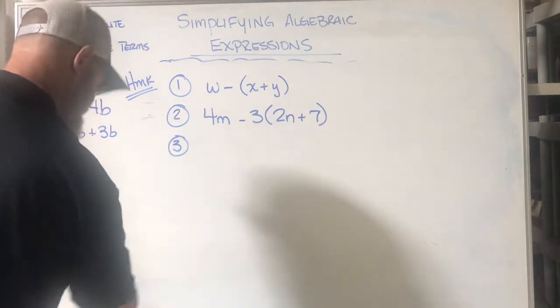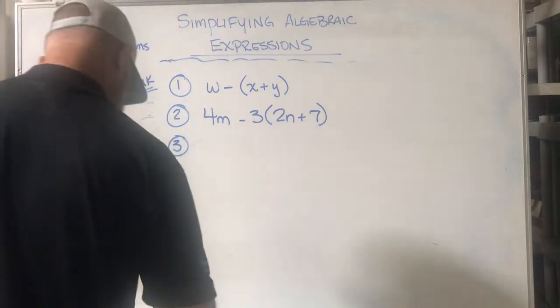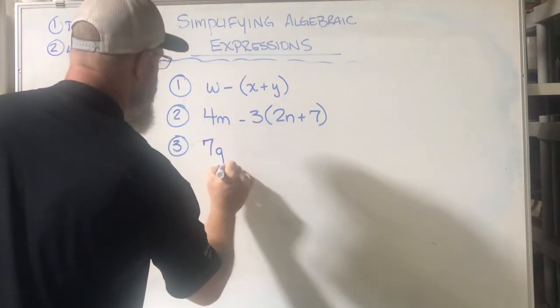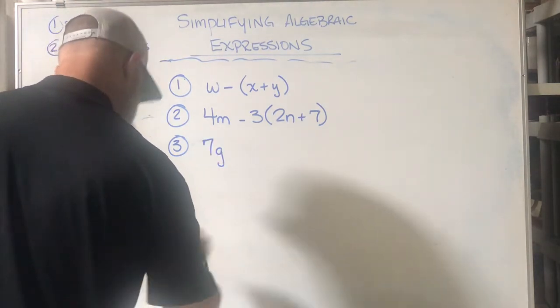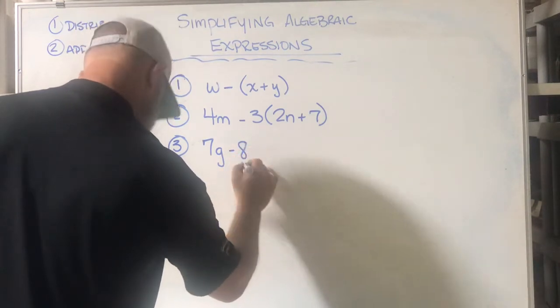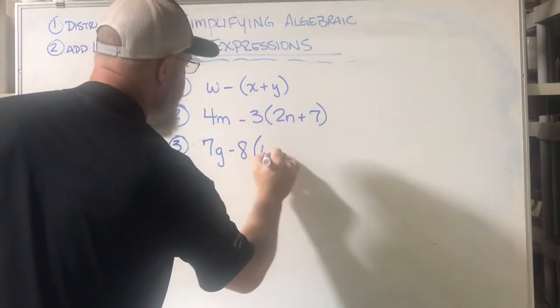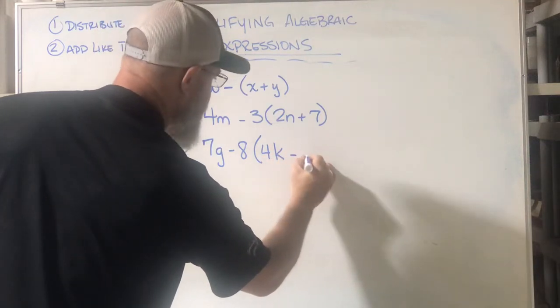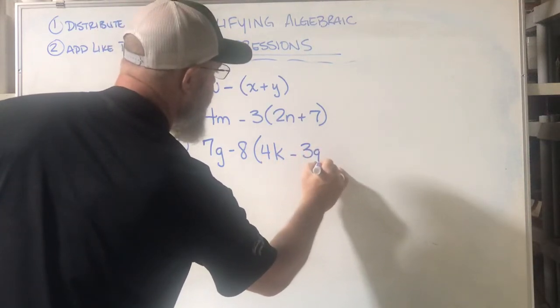Number 3. I have got 7g minus 8 times 4k minus 3q.